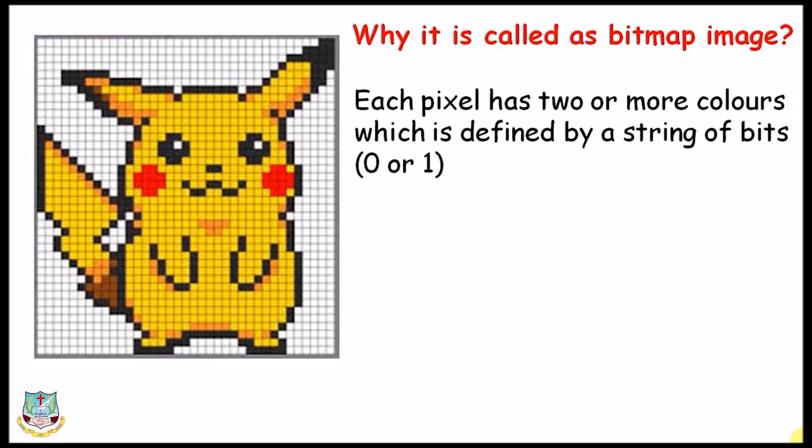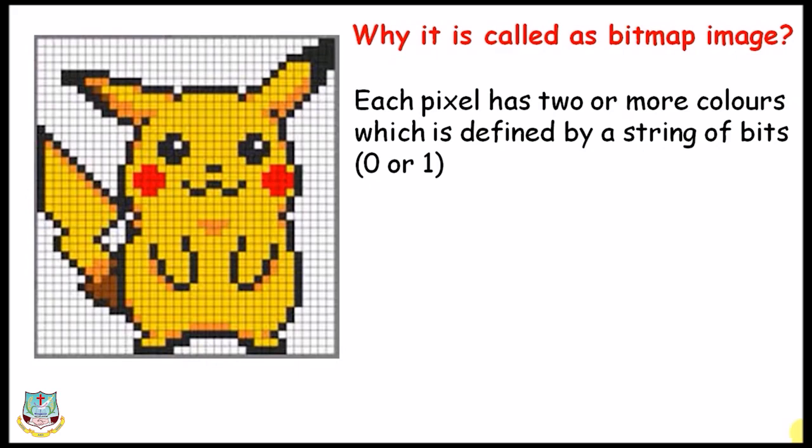We learned it in grade 11 itself. Bit means 0 or 1. If you enlarge one pixel from this image, we can see a darker and lighter shade in a single small square box. So this is a mapping of bits, and this is known as bitmap.